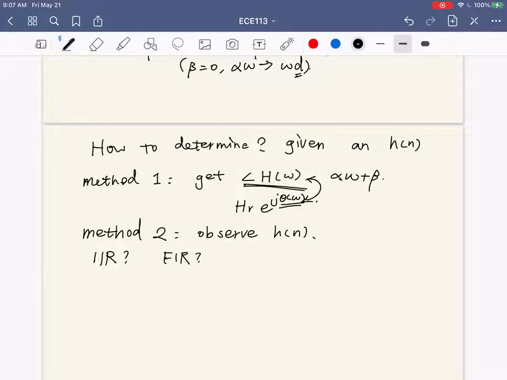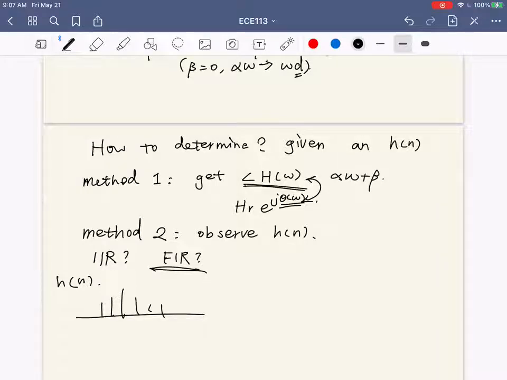IIR is infinite and FIR is finite. It is pretty easy to determine. For example, if you're given an h of n that is 0 except for these supporting points, we can easily tell it is a finite one.